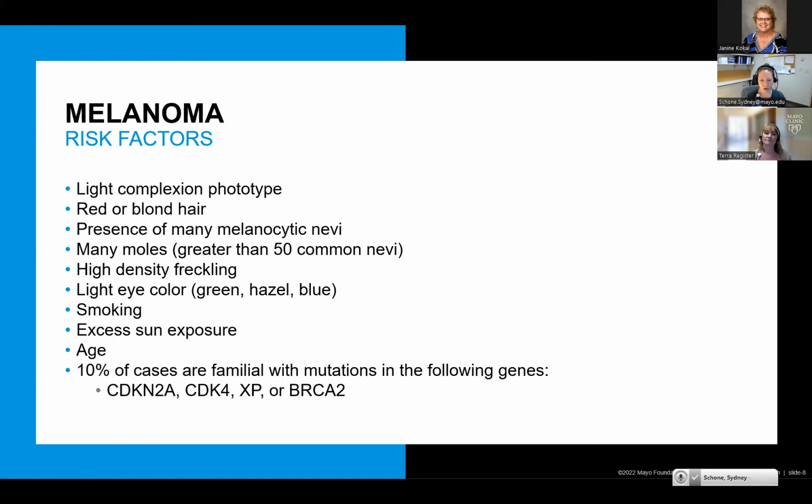Our risk also increases with age, and about 10% of these have a genetic component. Although the presence of common nevi is a strong risk factor, most melanomas start as new moles. So again, look at the moles you already have, as well as any new moles that have accumulated.